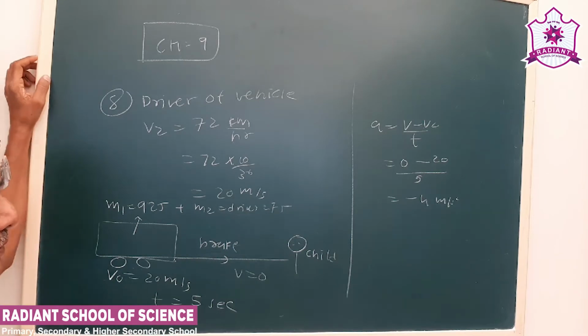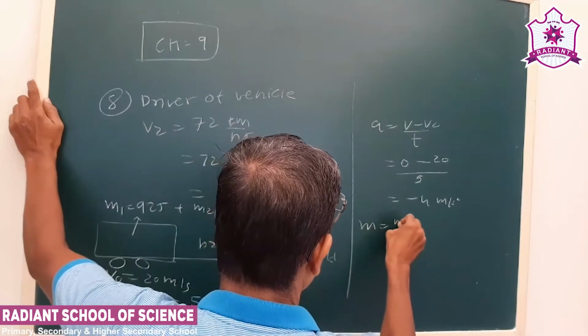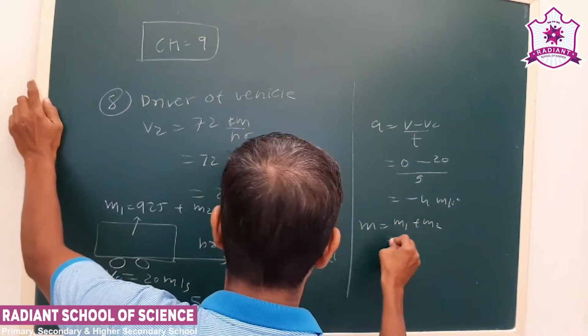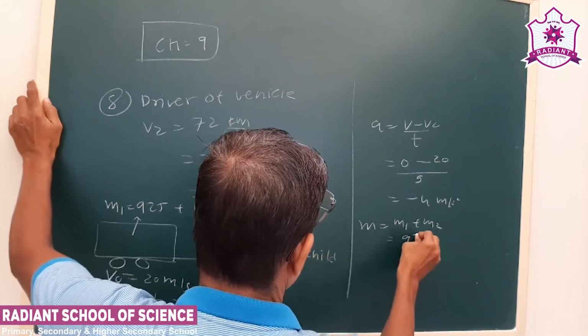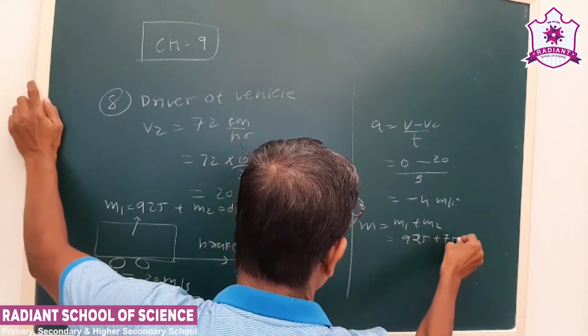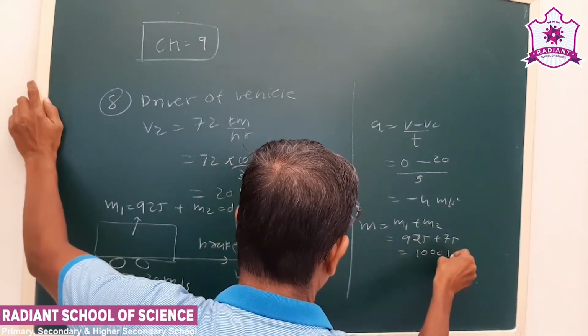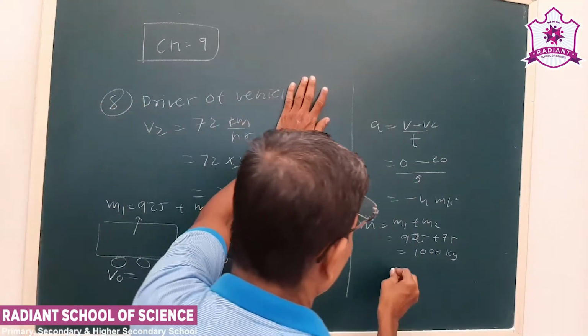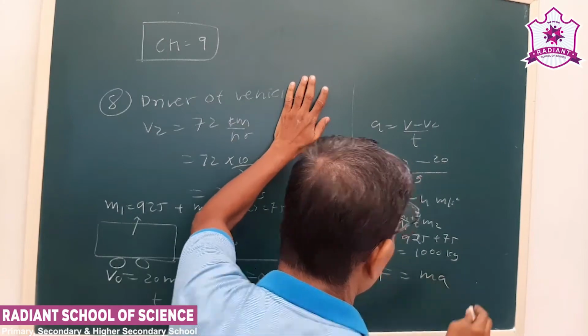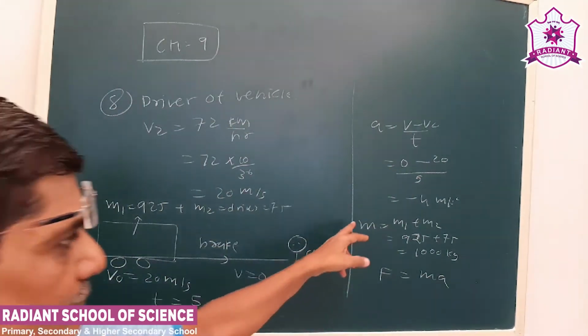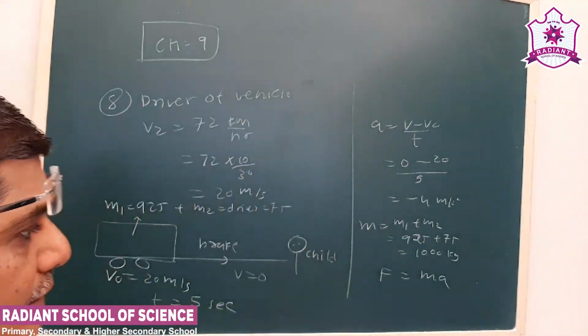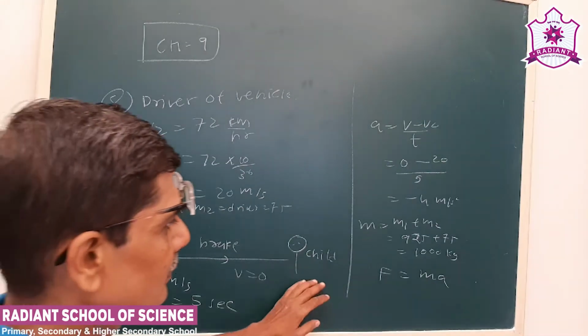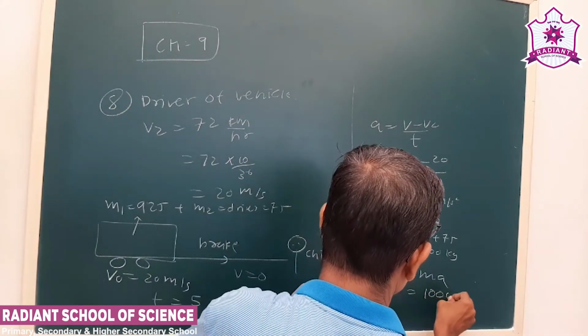So total mass M is M1 plus M2, 925 plus 75 is 1000 kg. So we have to calculate the force. Now see, the equation F is equal to Ma. Here M1 and M2, the collective mass, we have taken as 1000 kg. So it is 1000.